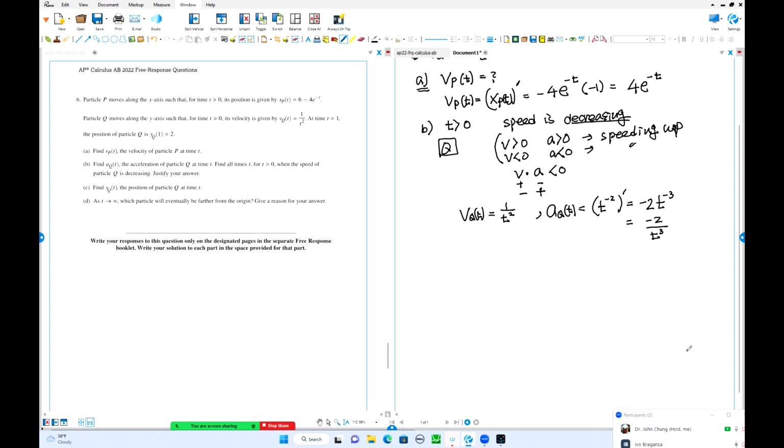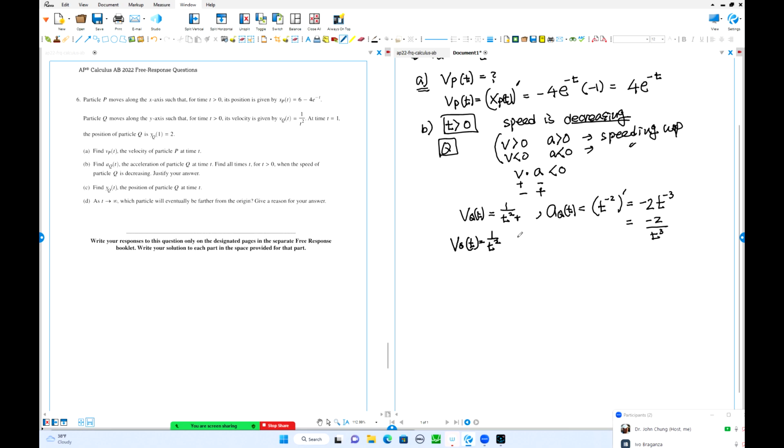Now check out the time. Is 1 over t squared positive or negative? t is greater than 0 in this interval. t squared is always positive, so this is always positive. 1 divided by a positive is still always positive. Are you okay with this?